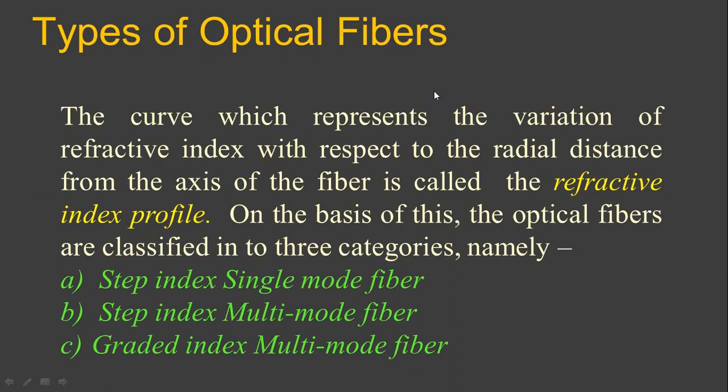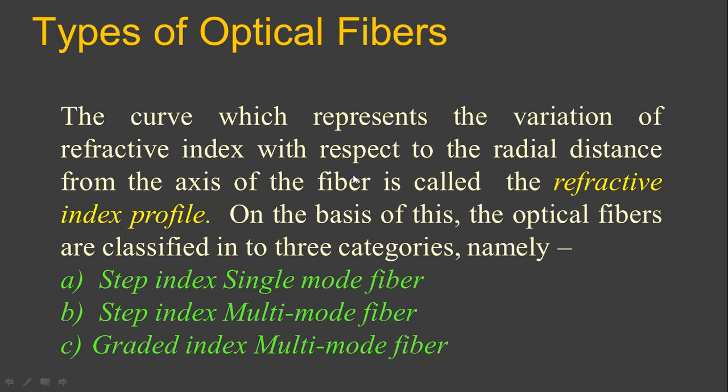So, there are three types of optical fibers depending on the refractive index profile. What is this refractive index profile? It is the curve which represents the variation of refractive index with respect to the radial distance from the axis of the fiber, and this is called the refractive index profile.